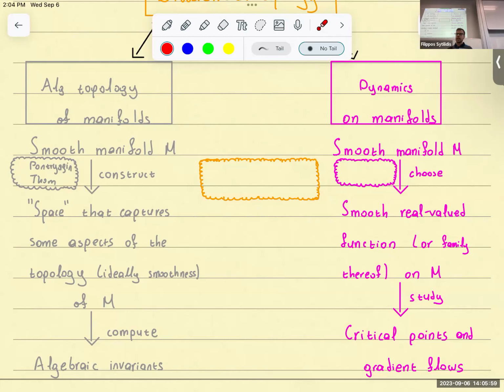This is the punchline that we'll try to get to in this series of talks. And some relevant names that I should mention here. The kind of functions that we choose typically would be Morse functions, or maybe variants like Morse-Smale functions.